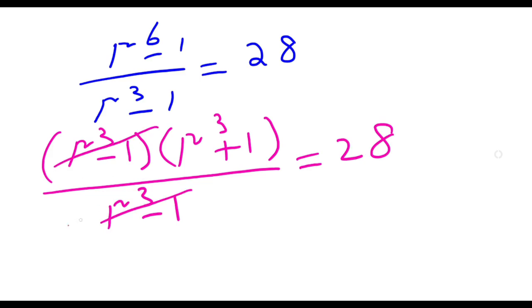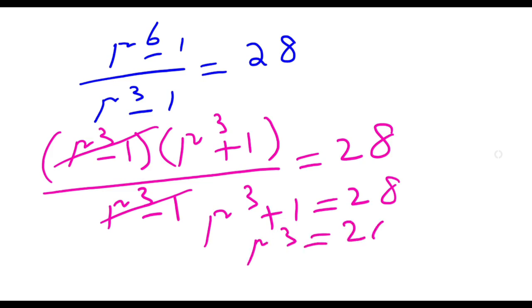Now this is cancelled, so we're only left with r power 3 plus 1 is equal to 28. Now r power 3 equals 28, positive 1 becomes negative, so r power 3 is equal to 27. Apply the cube roots to both sides. The answer is r is equal to 3.